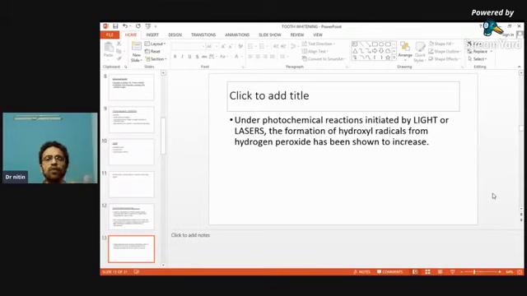How is it faster? Through the formation of hydroxyl radicals. The hydroxyl free radicals produced from H2O2 are faster, and the reaction with these and other free radicals is much faster. So faster they are produced, faster they will act, and faster the results should be.